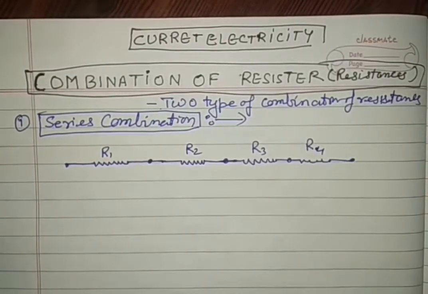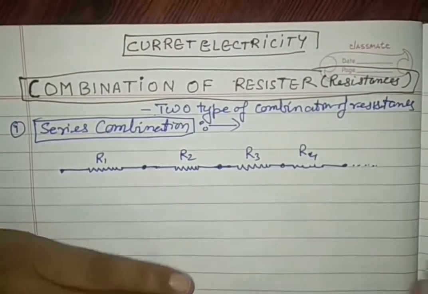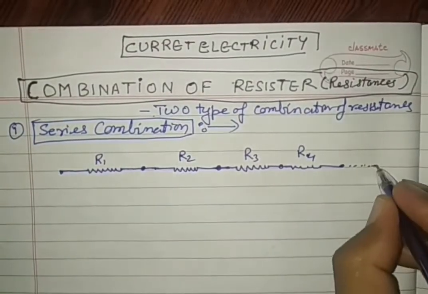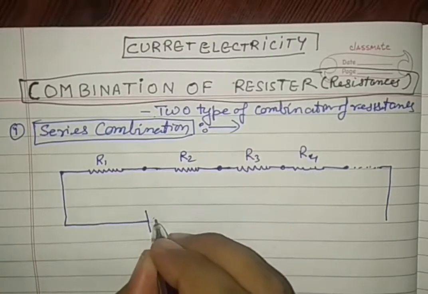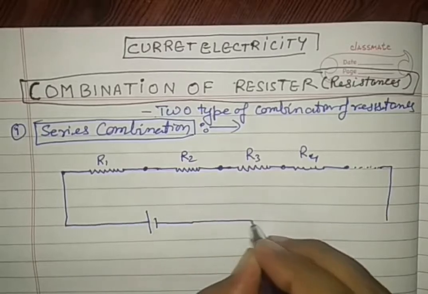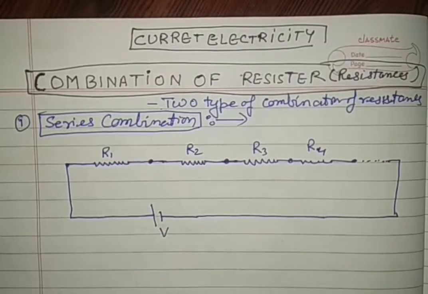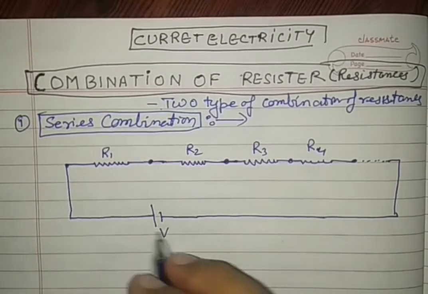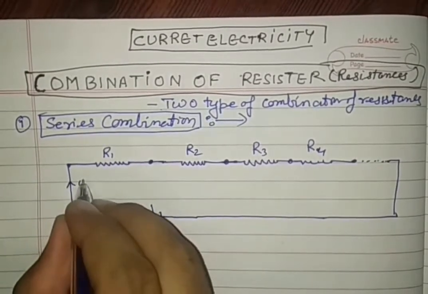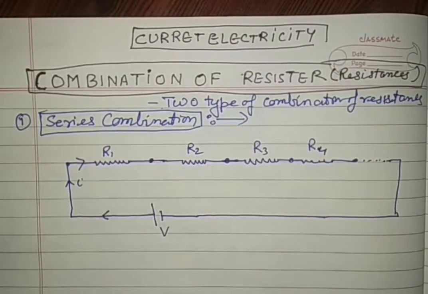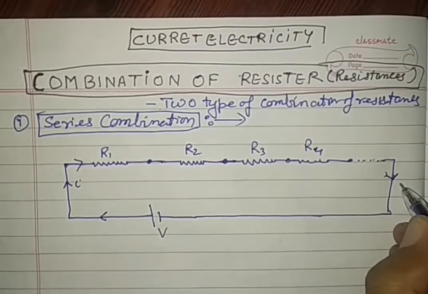Now these are connected with the supply, the positive terminal and negative terminal of a cell whose potential difference is given as V. See carefully. With the help of this cell, a current I is flowing. The same current I is flowing in all resistances connected in the series combination.